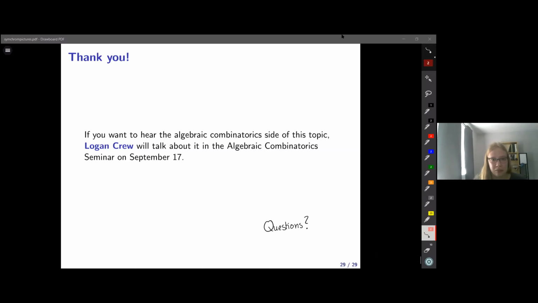So the deletion-contraction formula follows from lots of things. This chromatic symmetric function is known under different names to different people, and other people have also defined weighted versions of it before and known that there is a deletion-contraction relation.